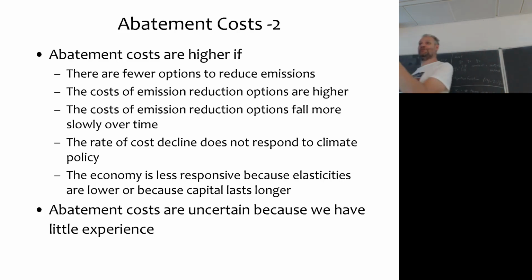But if you assume that those constraints do exist, then it becomes a lot harder. If you assume that nuclear fusion will become available commercially in a relatively short period, then it's much cheaper to reduce emissions than not.